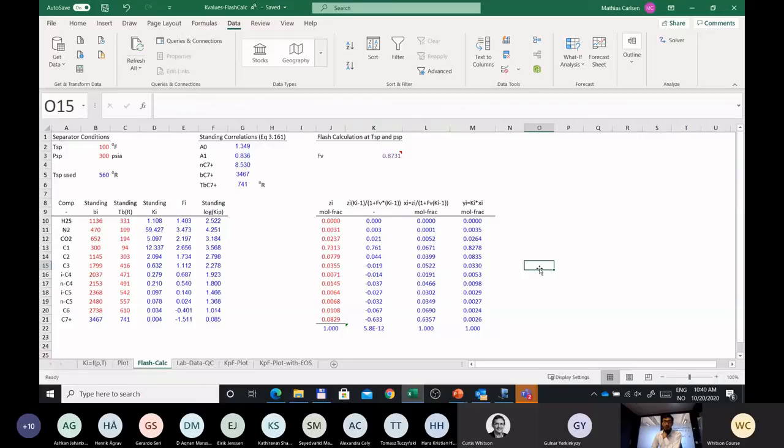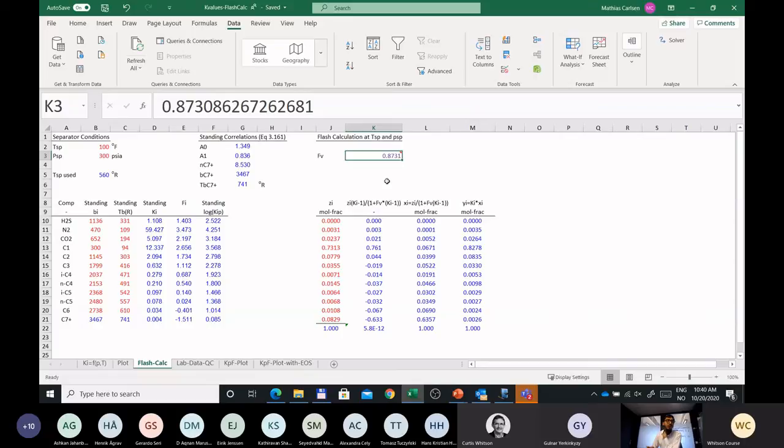So what we studied in the flash calculation is that you need to provide a total composition, the pressure and temperature, and some estimate of the K values. First it tells you whether we have a single phase or 2 phases, and we can see that we have 2 phases because Fv is somewhere between 0 and 1.